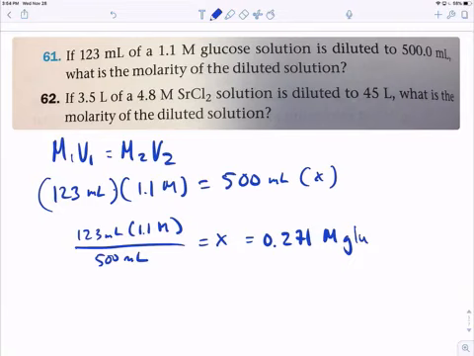So, why don't you try then 62? Oh, sorry, 2 sig figs.